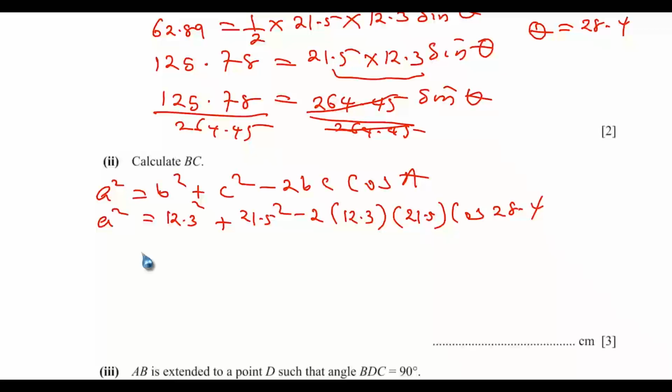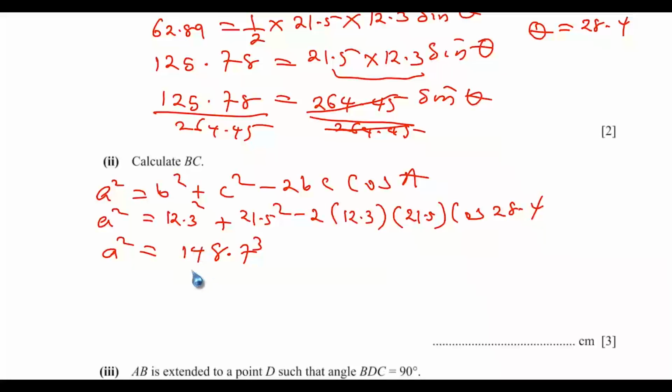If you do this, we are going to get A squared equal to 148.73. So you can input all these values into your calculator.